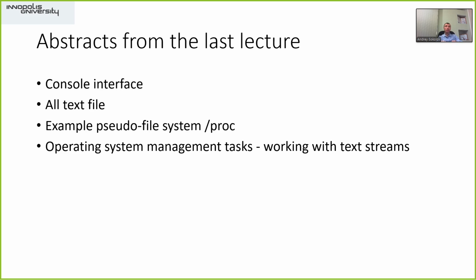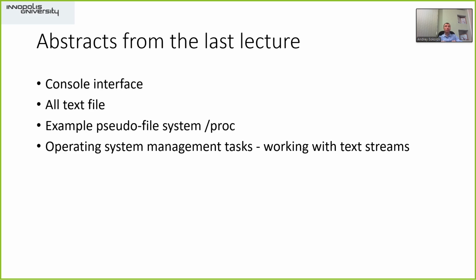The main interface in the Linux operating system is the console interface with text input and output. It determines the approach to managing operating system objects in their textual display. For example, the state of a process is displayed as a set of text files in the pseudo file system /proc.